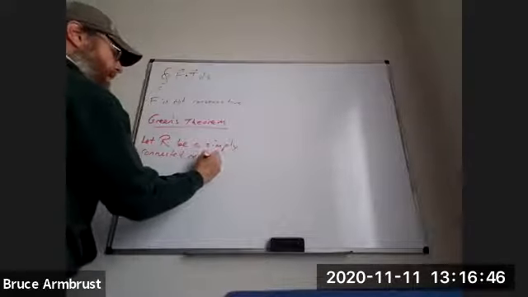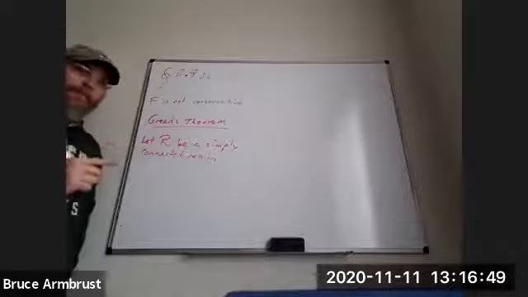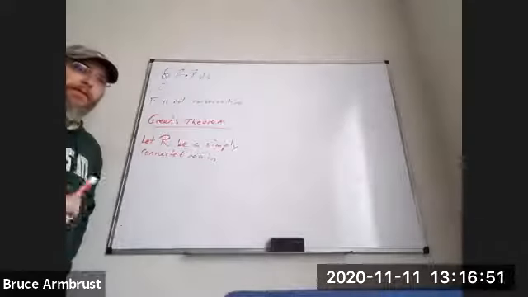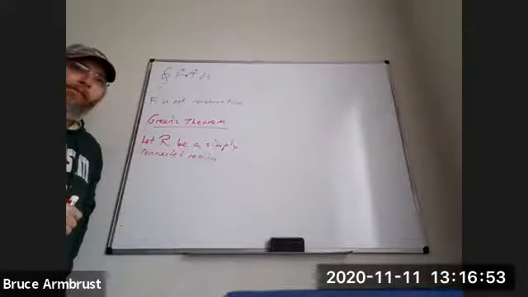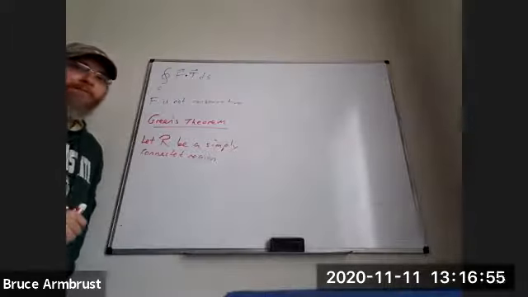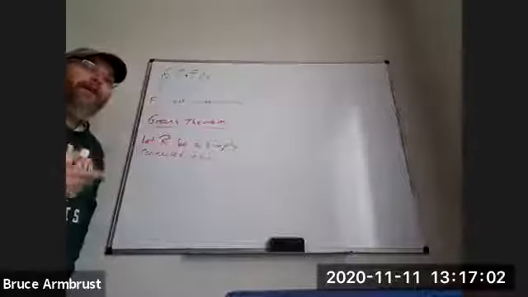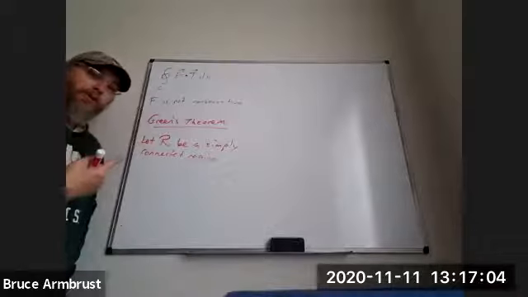So before we move on to the next piece, do you remember what that means? Simply connected? No beginning, no end. Or the beginning is the end. Okay, so the beginning has to be the end, so we're closed.